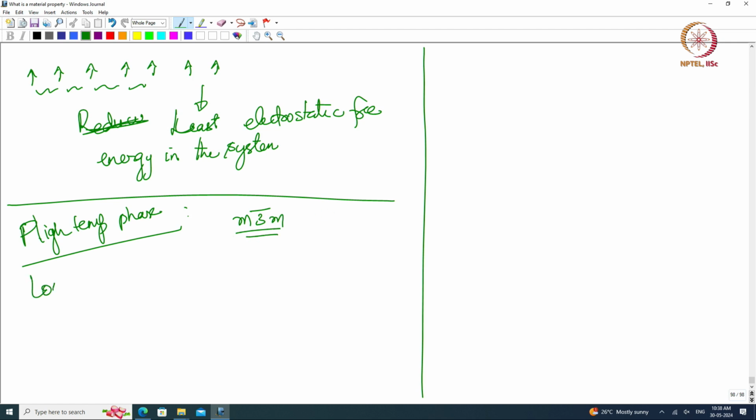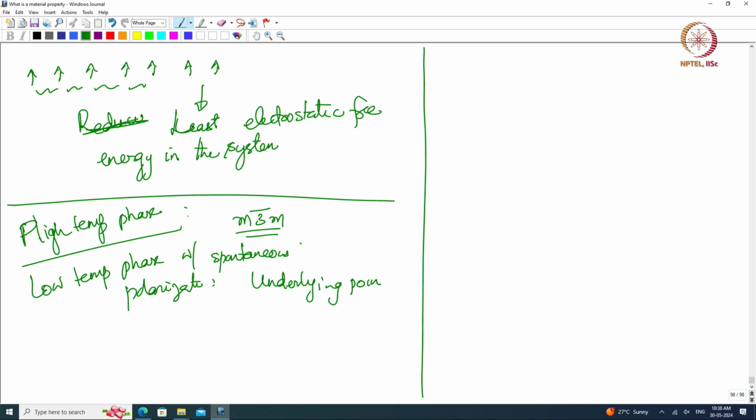In the low temperature phase with spontaneous polarization, the underlying point group cannot be m3̄m, because m3̄m is not polar.